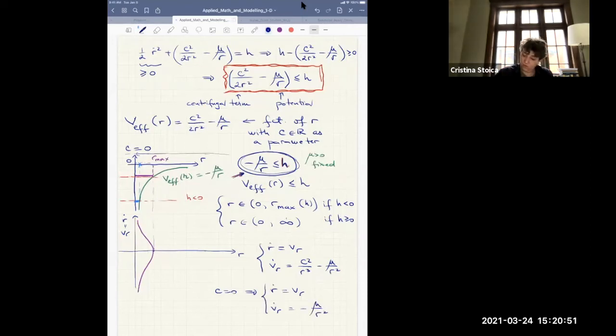So R dot is increasing where VR is positive. So I'm looking for something like that. That's the purple one. If I want to do the blue one, it is something like this.